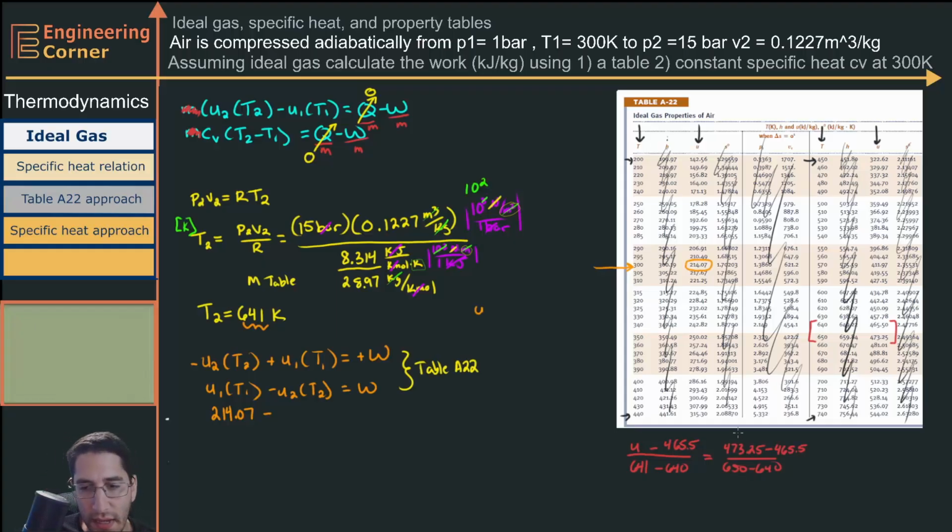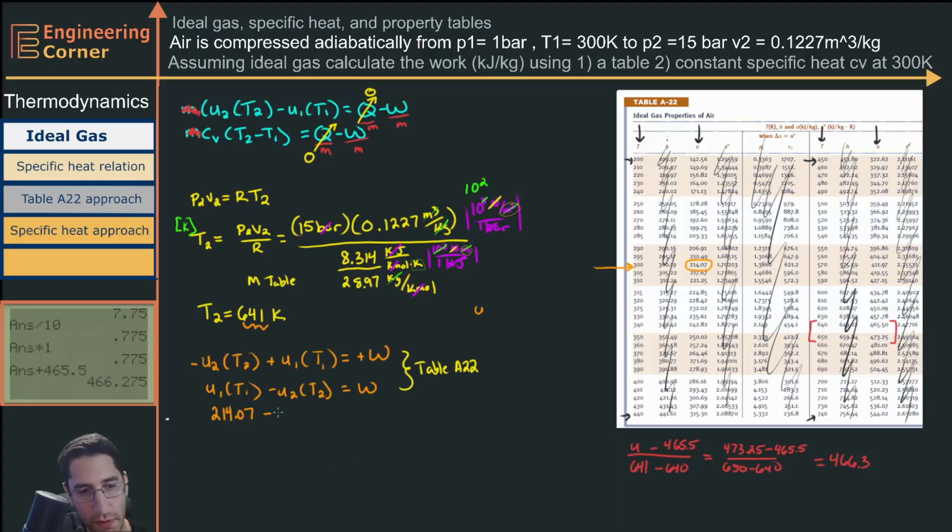Okay, so then let's do that calculation. And we'll have 473.25 minus 465.5 divided by 10, times 1, plus 465.5. So it should be close to 465.5. And I get that this is equal to 466.3.